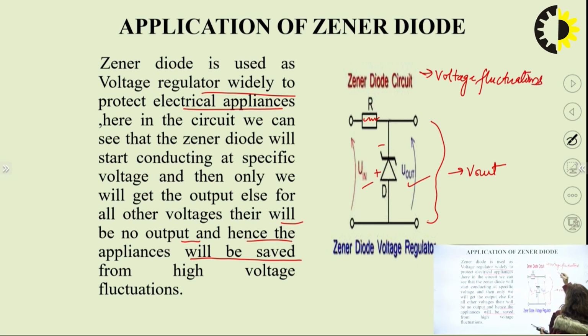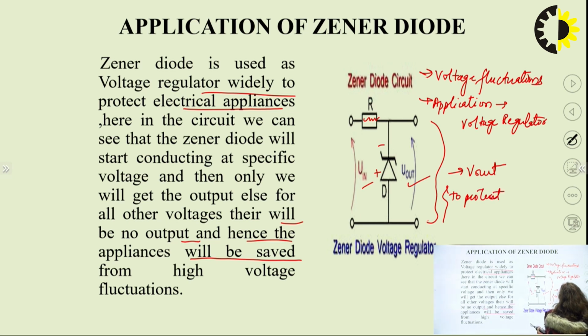If there is voltage fluctuation, your appliances get disturbed. So to protect our appliances from harm, we use this type of Zener diode circuit.